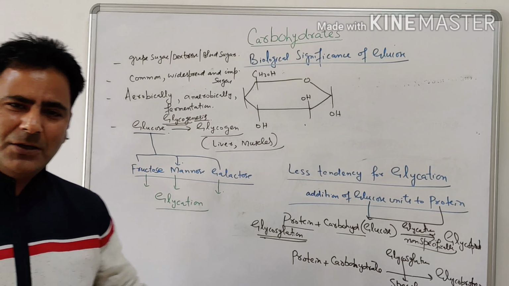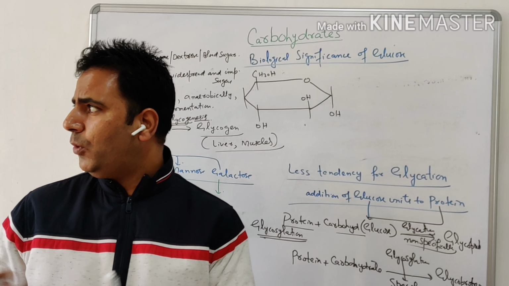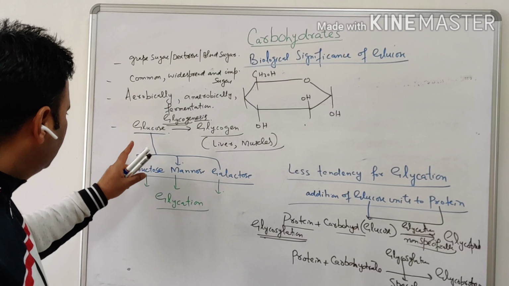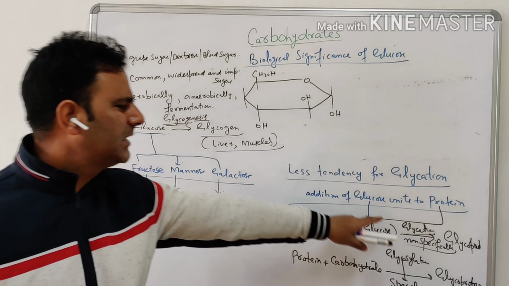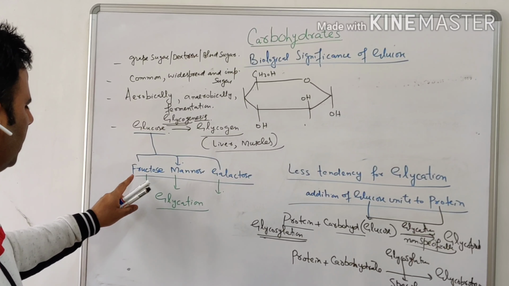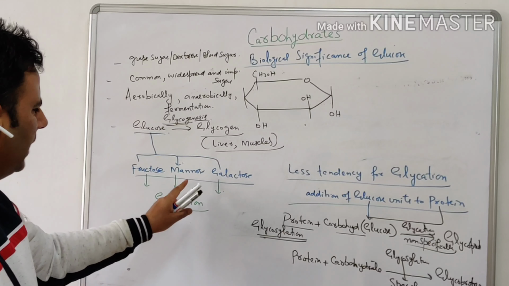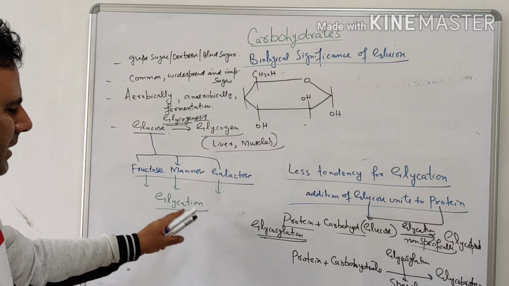So why is glucose so important? Why is it the main respiratory fuel? Why is it more abundant? Because glucose has very little tendency for this abnormal glycation, whereas fructose, mannose and galactose have a higher tendency to undergo glycation.